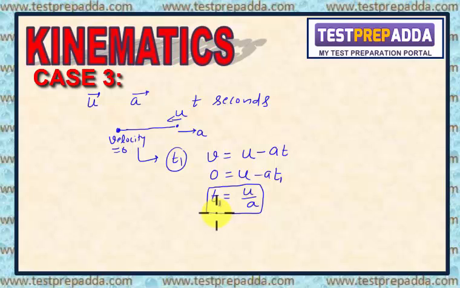So the important point is, whenever you get this type of question where initial velocity and acceleration are in opposite directions, get this time when the velocity of the particle becomes 0. If the given time t is less than or equal to t1, then the displacement will be equal to the distance traveled.